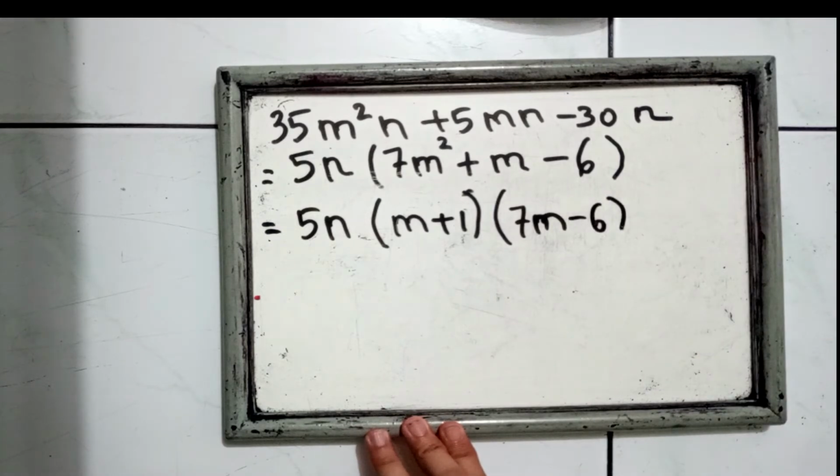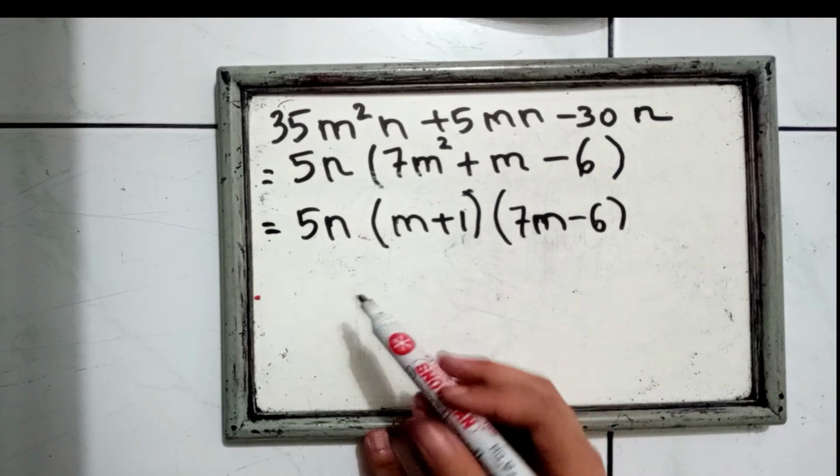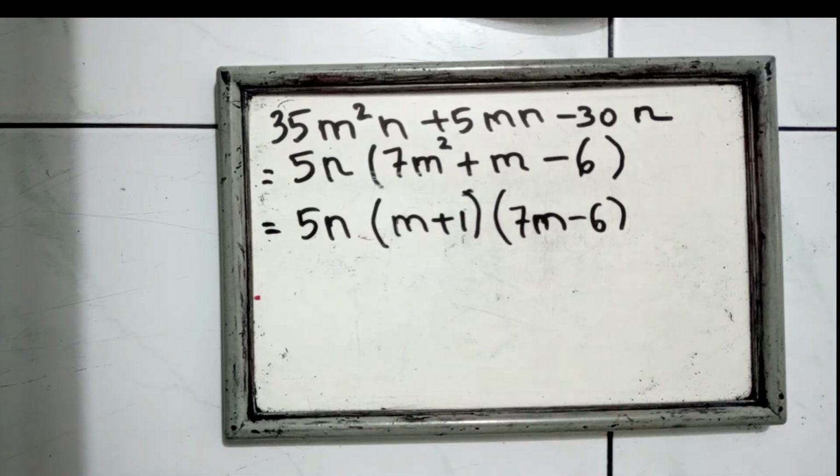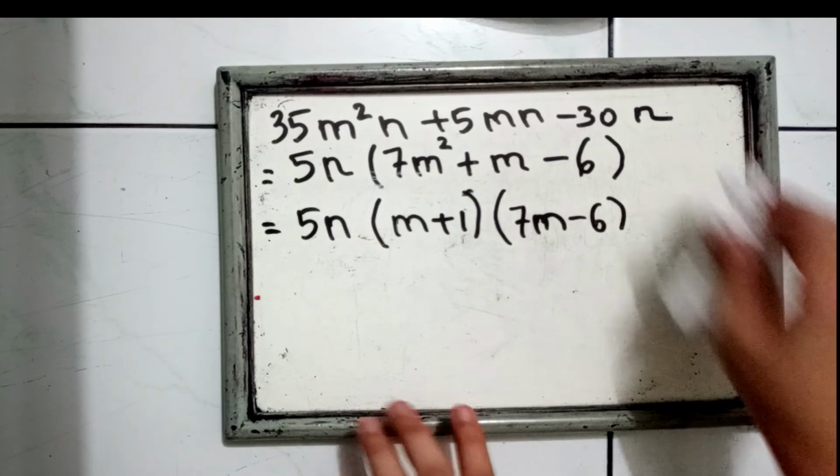Okay, correct, right? Okay, 7m minus 6. So this is the final answer for number 3H. Now we'll continue to 5B.